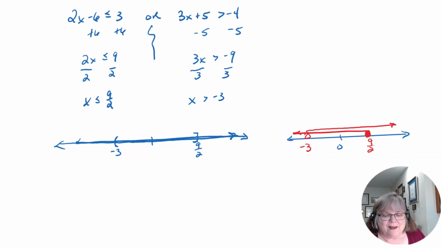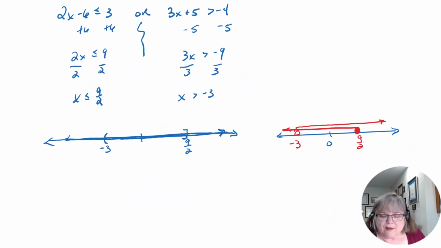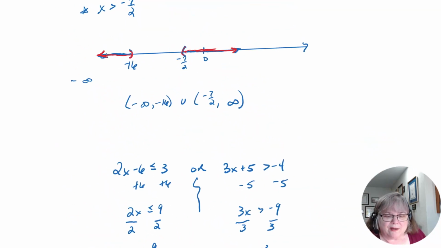All right. Now, so I put these together and try to look at where, like here, let's look back here. I only wanted these numbers on this end and these numbers down here. So I had two separate sets of numbers, right?